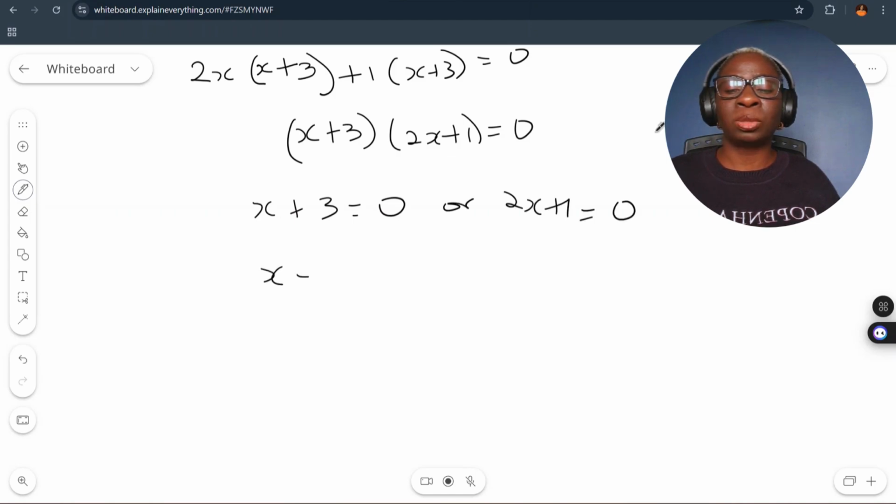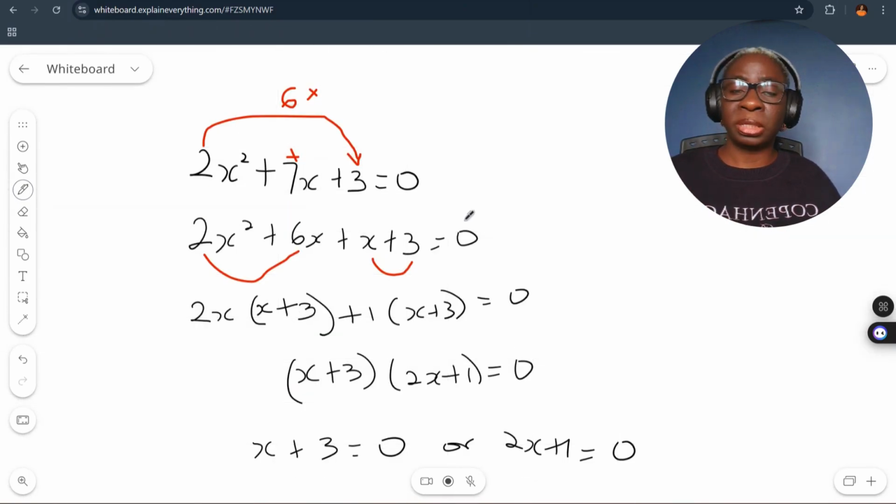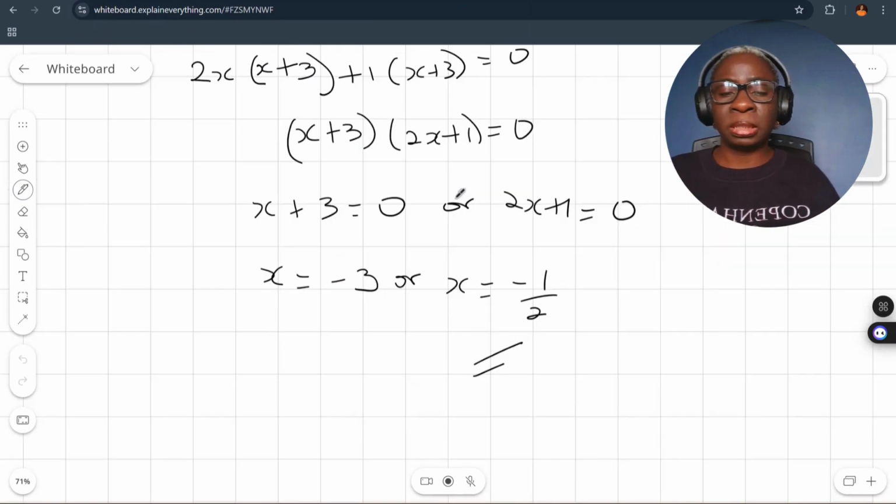So from here, x will be equal to -3, or x will be equal to -1/2. So that is the solution to this question. If you use the quadratic formula too, you will get the same answer.